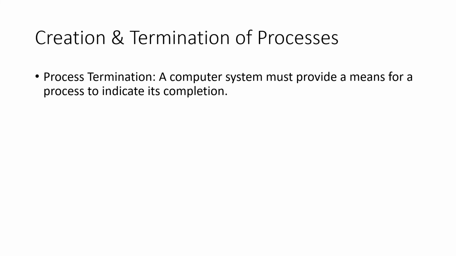For an interactive application, the action of the user will indicate when the process is completed. For example, when a user logs off or turns off his terminal, the process is terminated. On a personal computer, when a user quits an application, maybe Microsoft Word or PowerPoint, the operating system gets a request to terminate the process.